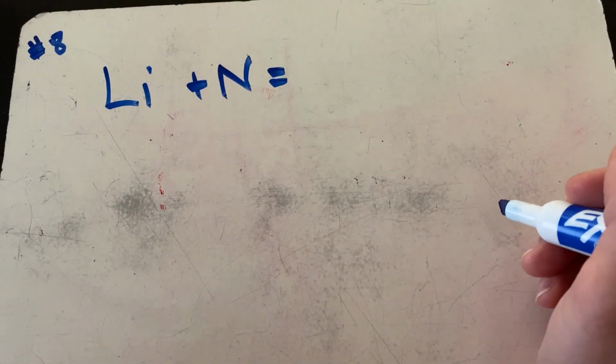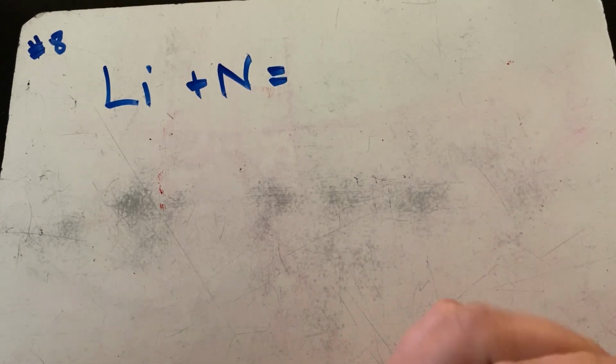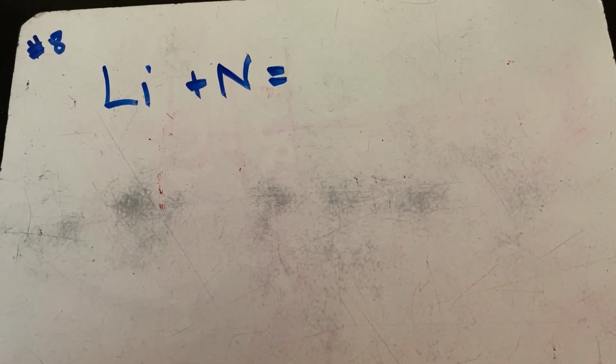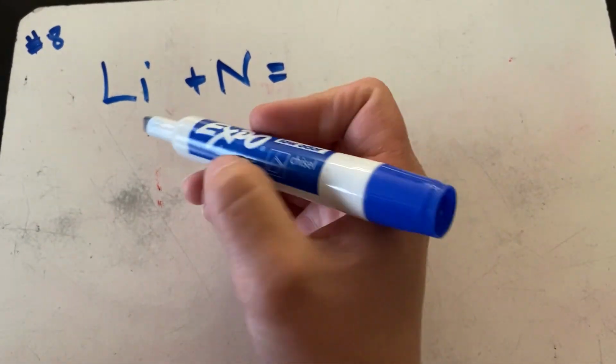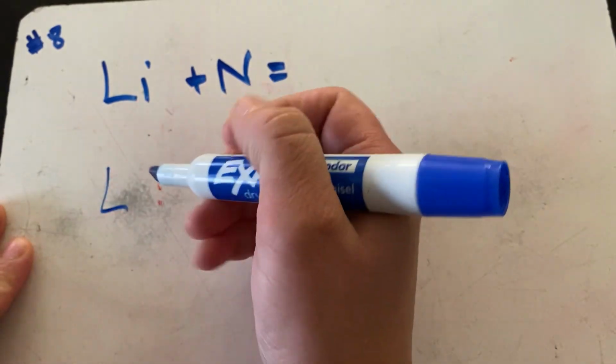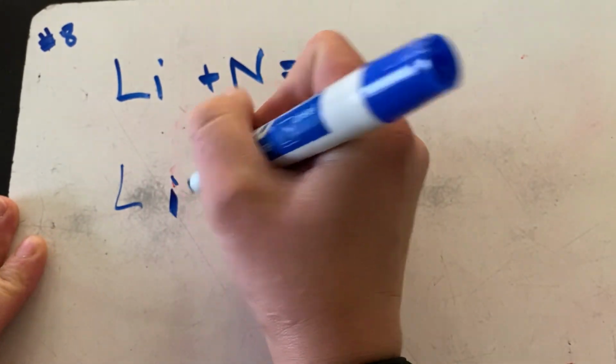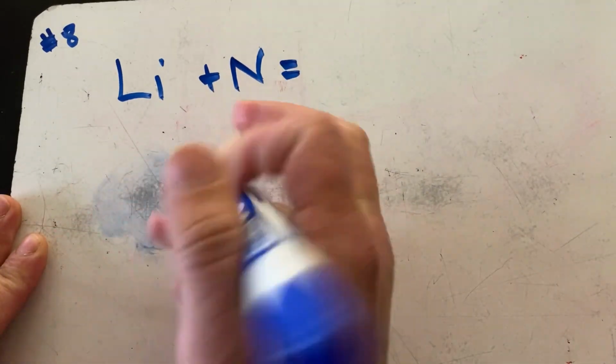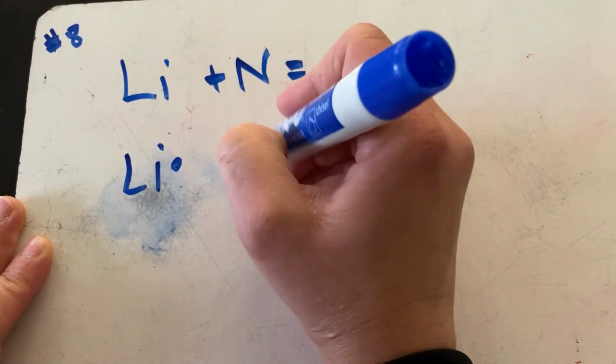I realized after I got going through the assignment that at some point it's going to give you the beginning atoms, but not the final. So I'm going to go through one of those with you quickly. So lithium, we've already talked about, and that has 1 valence electron. This is number 8. So lithium has 1.